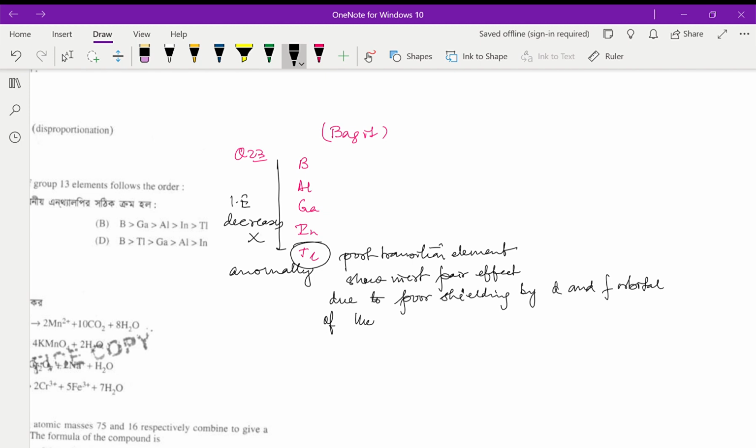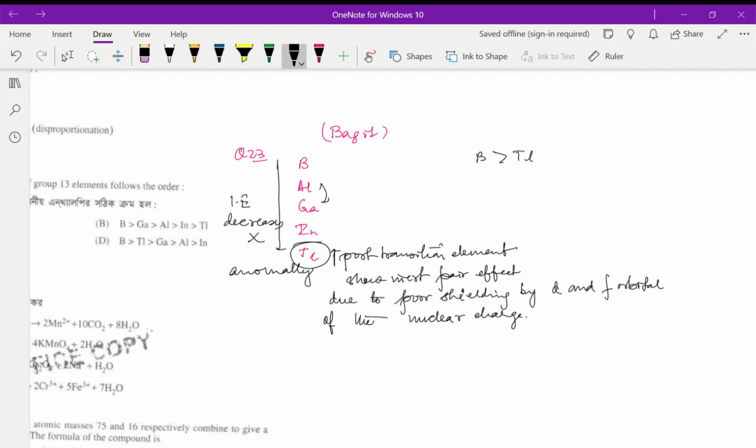So its valence electrons feel a high effective nuclear charge, and so its IE will increase, so much so that it only comes after boron.